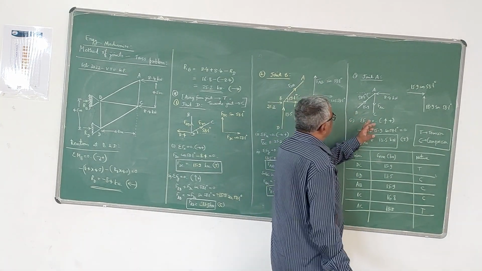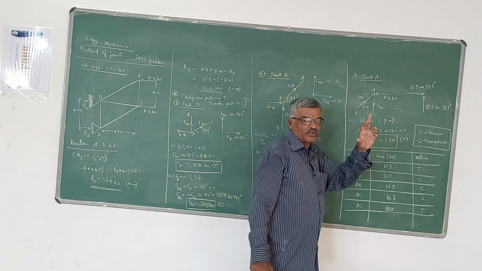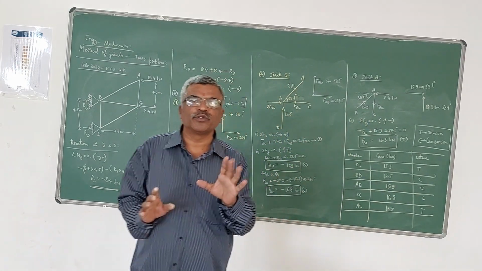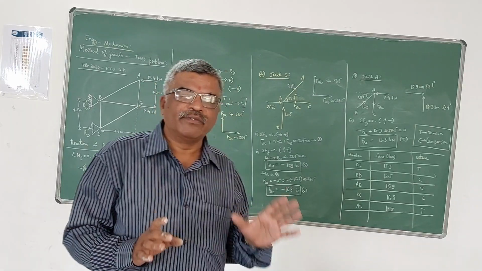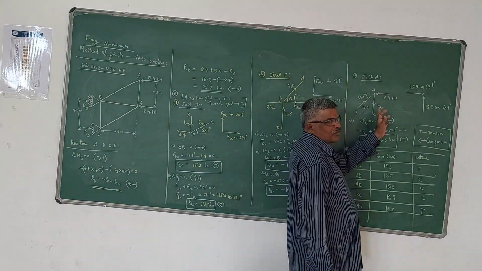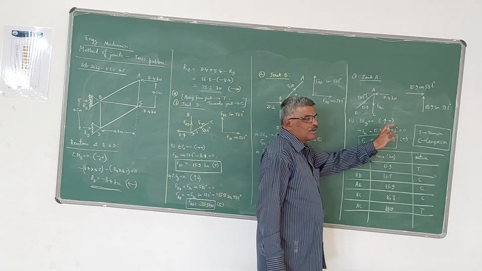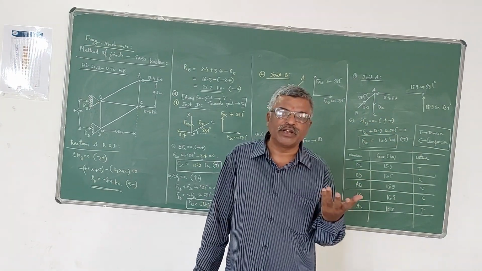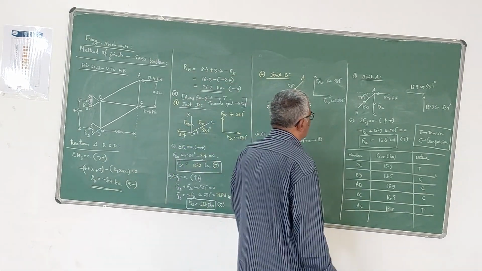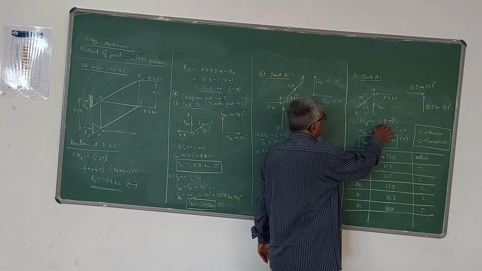Now here, since only one unknown force is there, only we have to find the force in the member AC. It is better you use only one equilibrium equation which consists of FAC. Since FAC is a vertical force here, we have to take sigma Fy is equal to 0 equation. You need not use sigma Fx is equal to 0 equation. Go for sigma Fy 0 and upward positive.